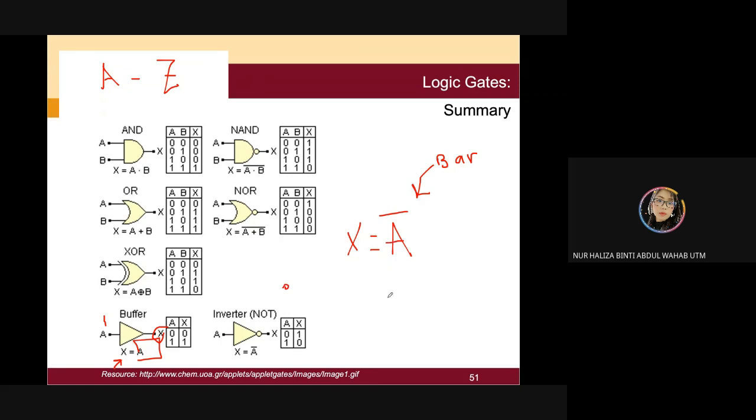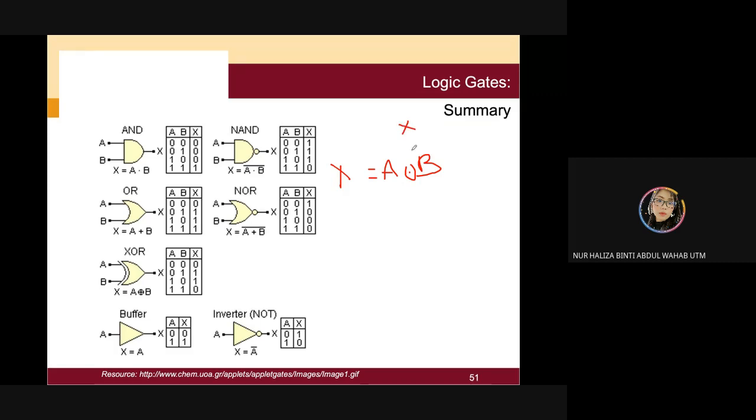So X is 0. And for the AND gate over here, you're going to have A dot B. Normally, this dot is equivalent to multiplication, going to be A times B.